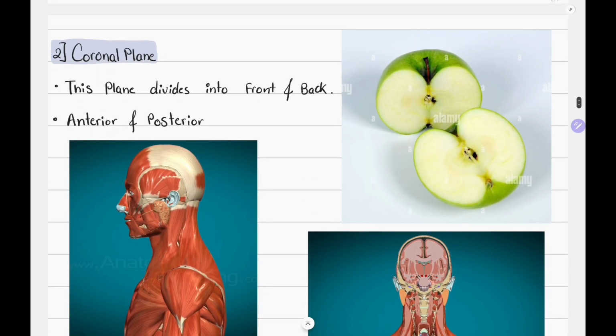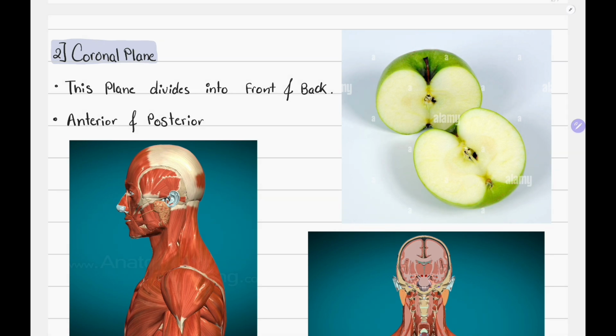Coming to the coronal type of plane. This plane divides the body into front and back. Again, with the help of the analogy, if this was the back of the apple and this was the front of the apple, I have cut this apple in such a plane that we have separated the front part and the back part of the apple.